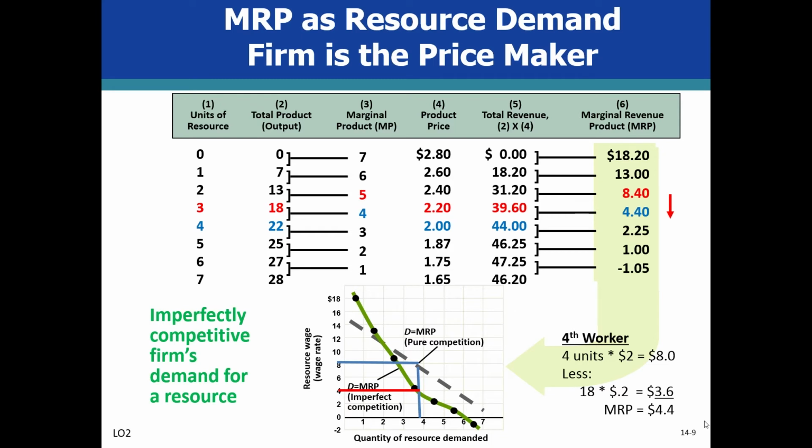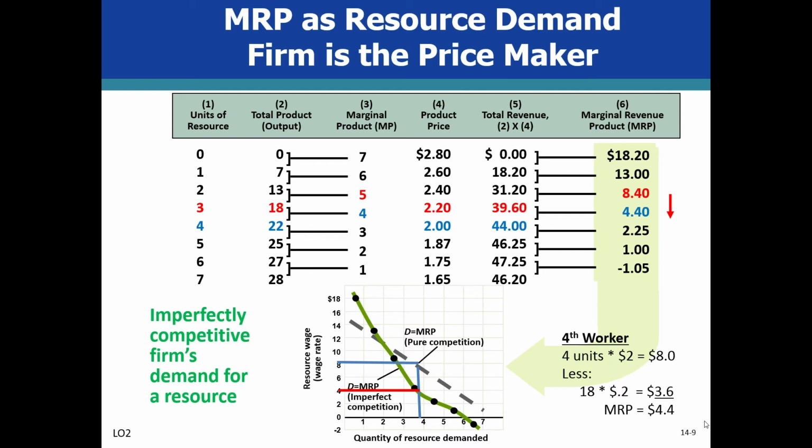And you want to be able to walk through this table. It's definitely going to be a test question to understand exactly what happens to both the total revenue and the marginal revenue product in an imperfectly competitive market where the firm wants to sell additional units beyond the 18.